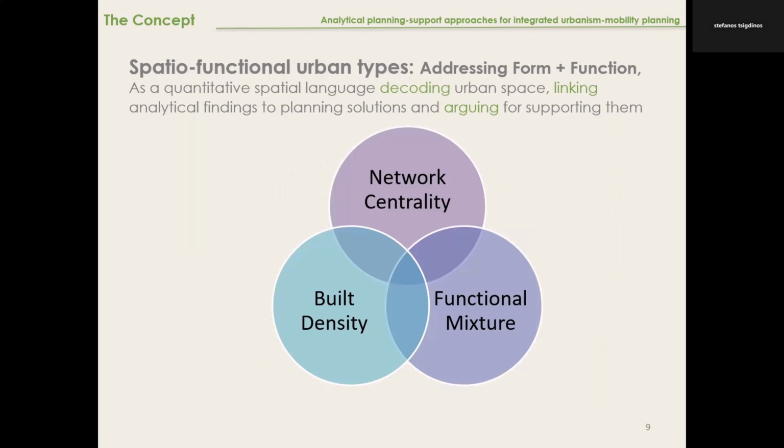So we will use spatiofunctional urban form types, addressing both form and function, as a quantitative spatial language, decoding urban space, linking it to analytical findings, to plan solutions, and using them for arguing and supporting the interventions. Specifically, we'll use the three fundamental aspects of urban form, which are network centrality, built density, and functional mixture.